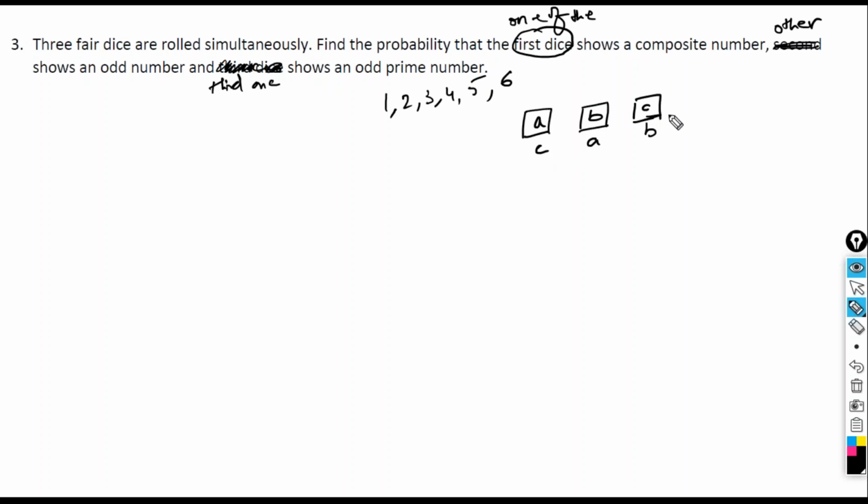If I talk about the total arrangements possible, please keep in mind that if A, B, C are distinct, then it is to be multiplied by 3 factorial. Otherwise, you cannot multiply it by 3 factorial.